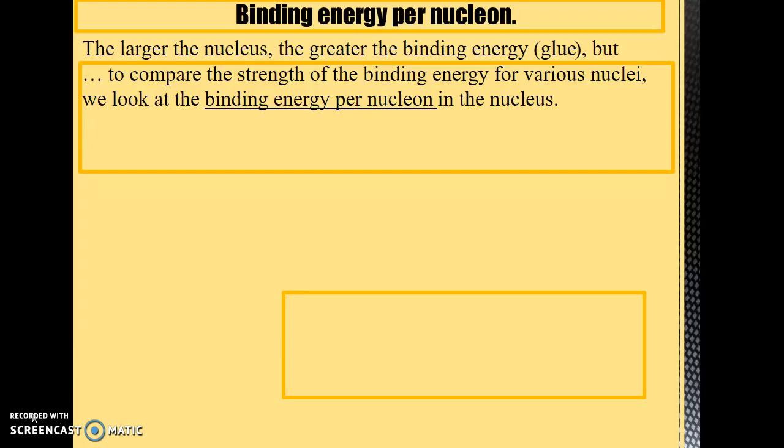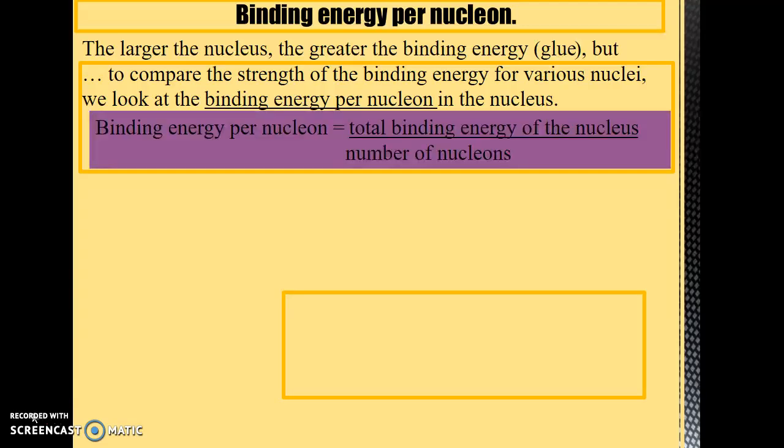But so you are absolutely certain what this is all about, what we need to do is compare a large nucleus to a small nucleus. What is their binding energy like per nucleon? The only way to do that is to work out an average, so per nucleon. So we're going to use that information.